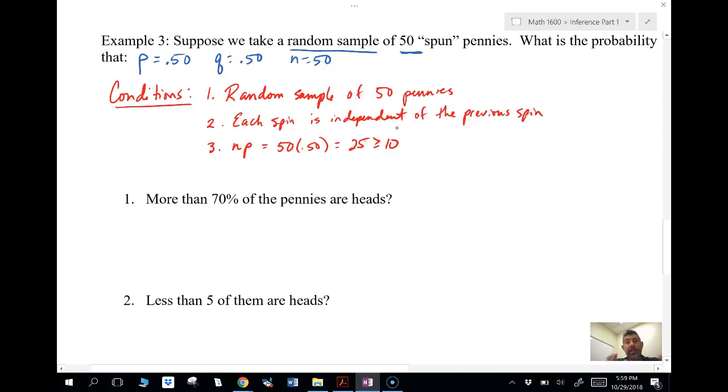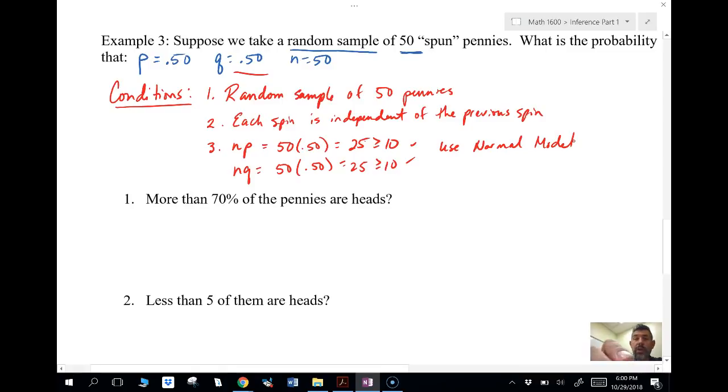Then we do 50 times 0.5 again, because that's q, and we get 25, which again is greater than or equal to 10. So we've got big enough so we can use a normal model to model our sampling distribution for a sample proportion.